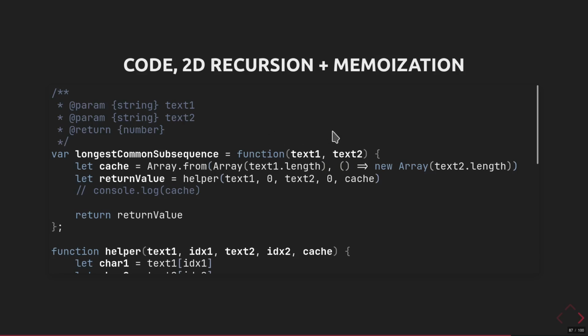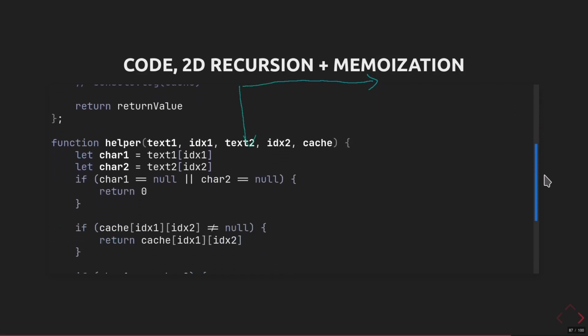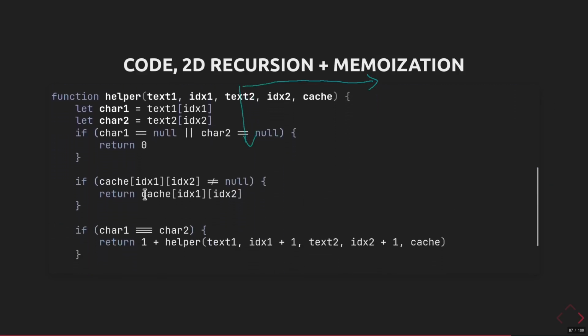Text 1 is this dimension and text 2 is this dimension, so the columns are text 2 and the rows are text 1. This should look really familiar if you read chapter 3 of Jeff Erickson's wonderful algorithms book. So yeah, this is the base case.